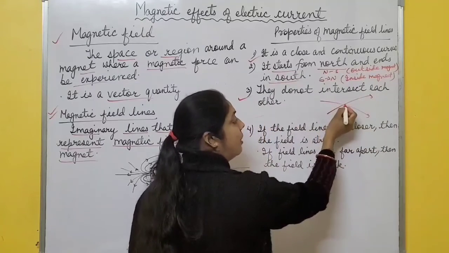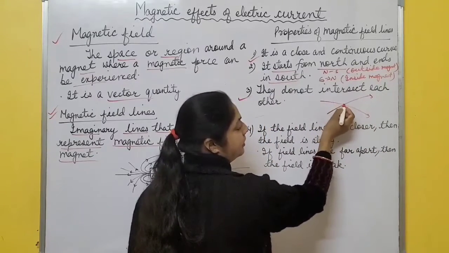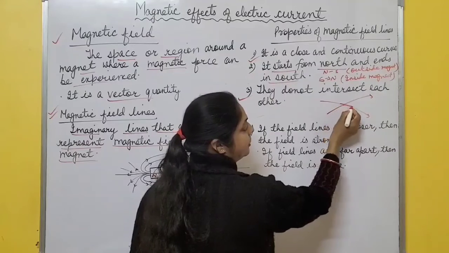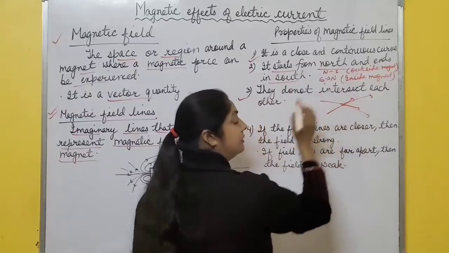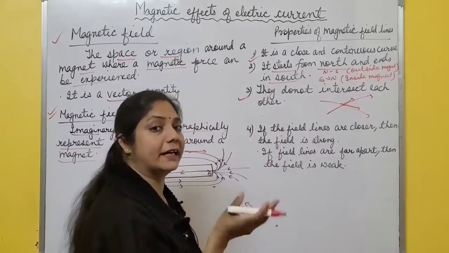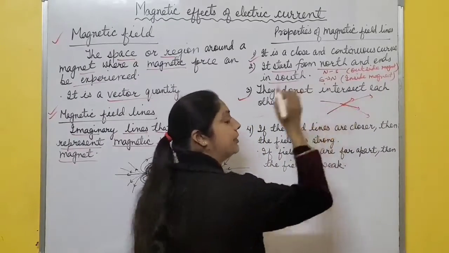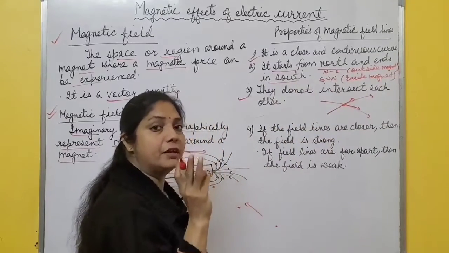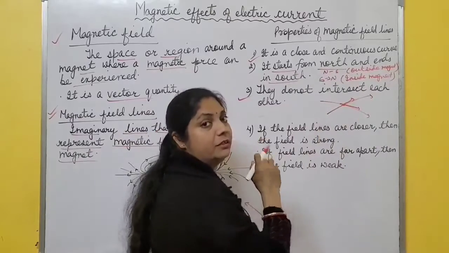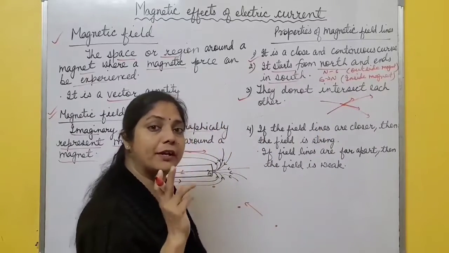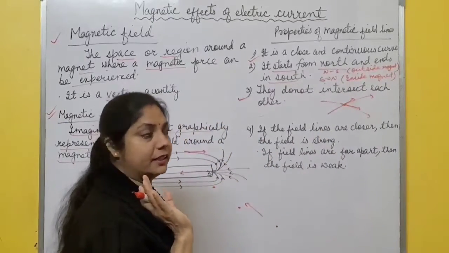At the point of intersection, you draw one tangent on this line and one tangent on that line. So at the point of intersection, there will be two directions of magnetic field because two tangents can be drawn, which is not possible. At one point, only one direction of magnetic field is there, right?